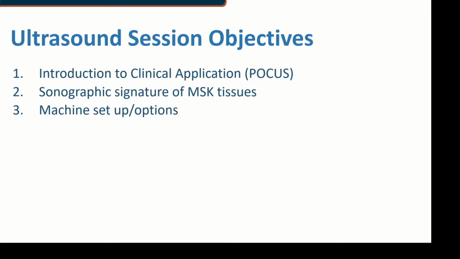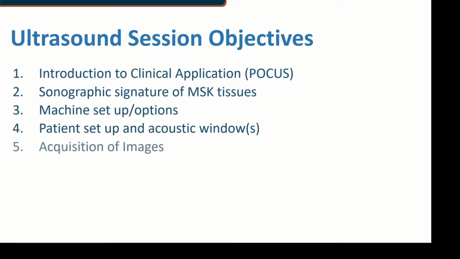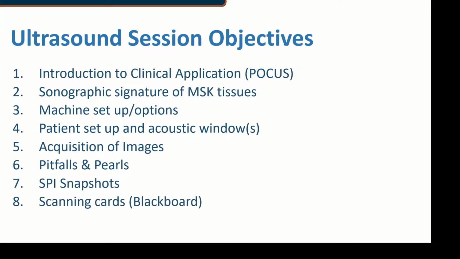We're also going to look at machine setups and options that you can have to optimize your image, as well as positions that you can put the patient in to optimize your acoustic windows. We'll also go over the acquisition of images and some pitfalls and pearls that you may run into in trying to scan MSK. And finally, we'll be looking at SPI snapshot and, of course, the scanning cards that will be on Blackboard that are going to assist you in your journey to get through the badging program.